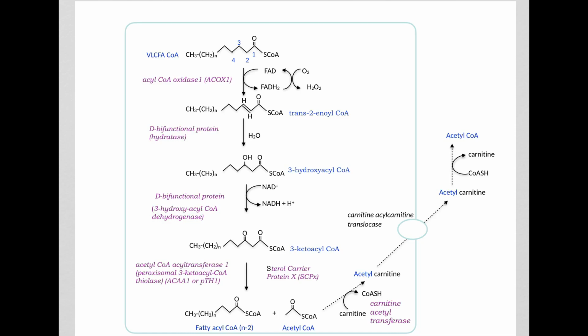So although carnitine was not required to bring the very long chain fatty acid into the peroxisome, we see here that carnitine is required to transport the fatty acid as well as the acetyl-CoA out of the peroxisome.